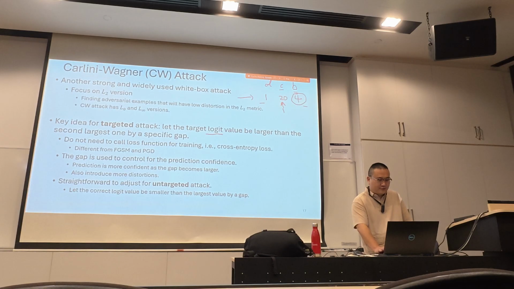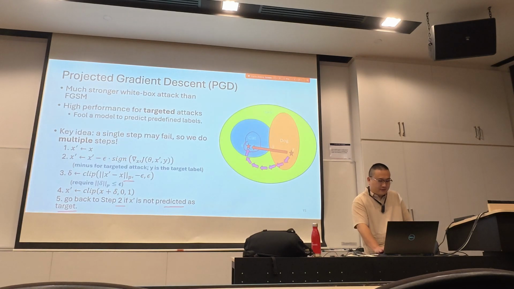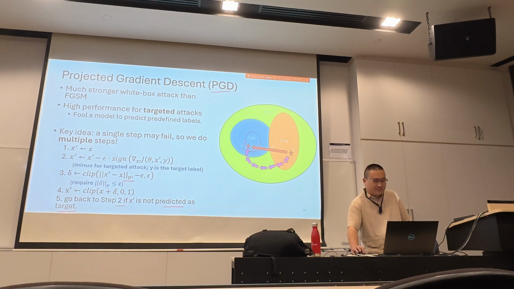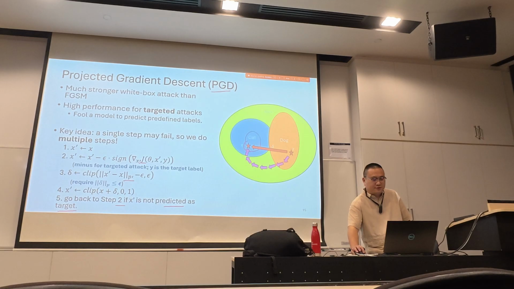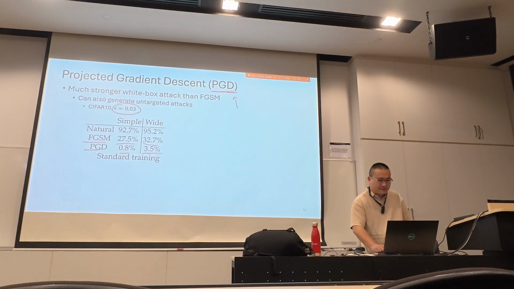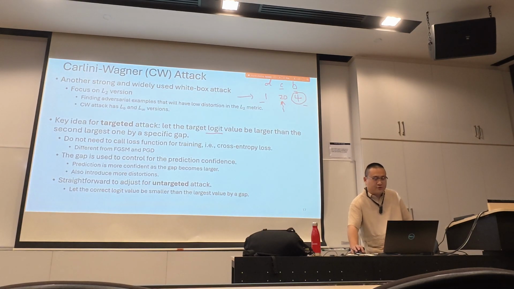If we go back to PGD and also FGSM, we can notice that we do not touch the logits, because we directly use the cost function. We just give the output to the loss function, and then we calculate the loss. However, for the CW attack, we don't use the loss function.